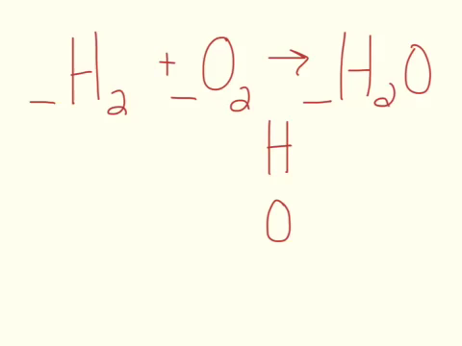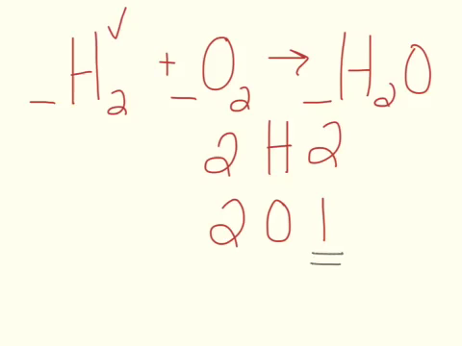Now let's count. H2 means that I have 2 hydrogens before. O2 means that I have 2 oxygens before. If we look at after, H2O, 2 hydrogens after. O by itself is an invisible 1 oxygen after. Right now, it looks like we've lost an oxygen, and that can't happen.